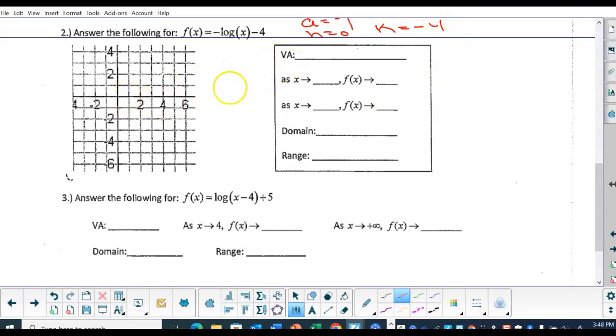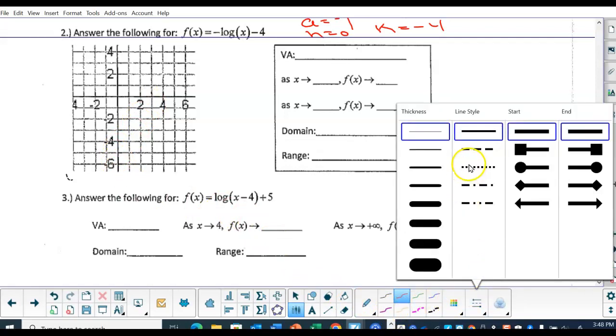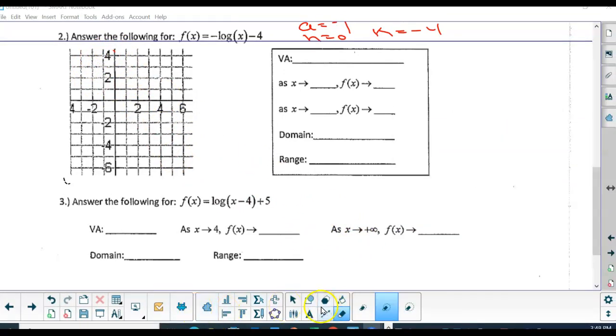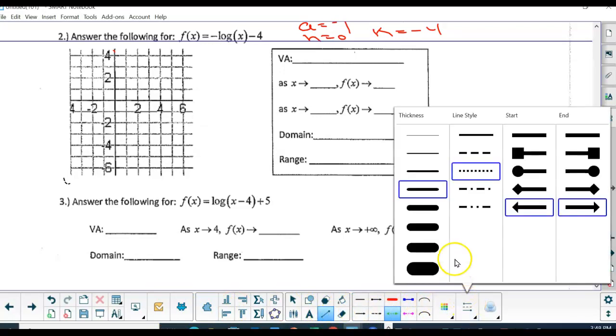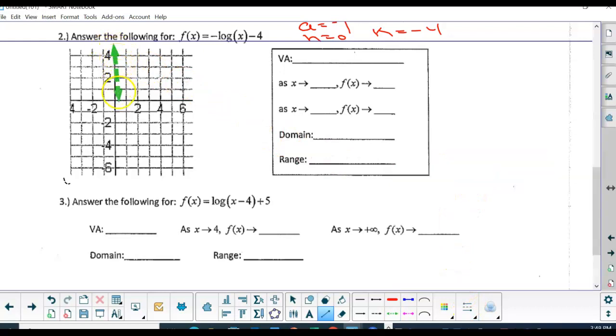And our asymptote is going to be on the y-axis. Let me quickly get the asymptote in place. I'm going to put my dashed line there on the axis.